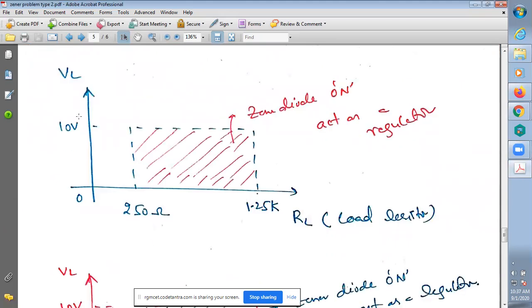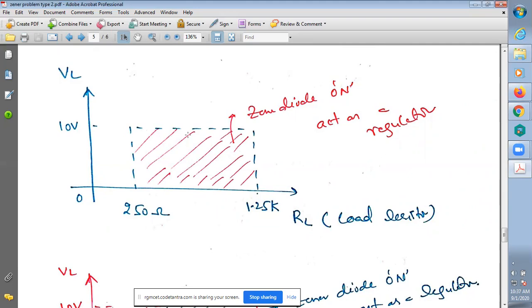Observe here. The y-axis is voltage, which is 10 volts. And the x-axis is the load resistance. What is the minimum load? Minimum load is 250 ohms, and maximum load is 1.25 kilo ohms. During this range, whatever the load changes from 250 ohms to 1.25 kilo ohm, the output voltage is constant.